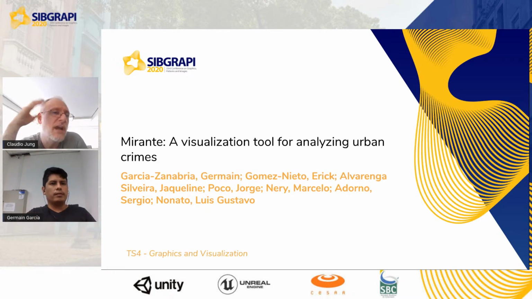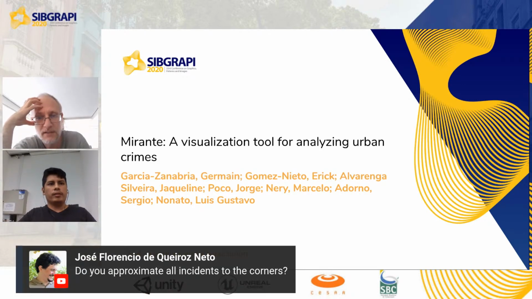Okay. So you don't have an actual address. You have the geolocalization, and then you map to a position in the map, and then you approximate to the nearest corner in the graph, right? Yeah. Another question probably related to mine: do you approximate all incidents to the corners? Yeah. We approximate all incidents to the nearest corner.